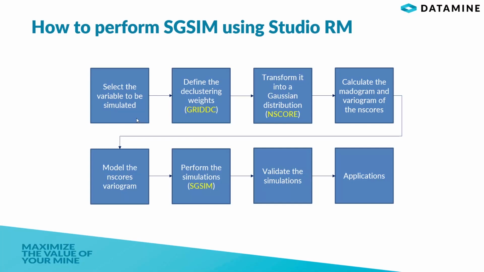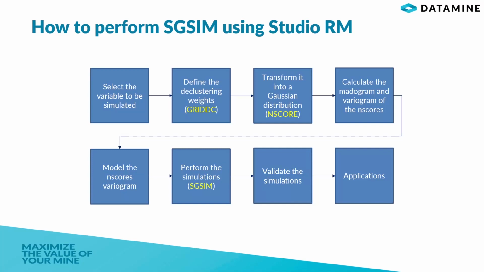On this diagram, I have selected the steps we should follow if you are considering more than one domain and the kind of application you are going to apply. So basically the main steps are these. We need to define the variable we are going to simulate.